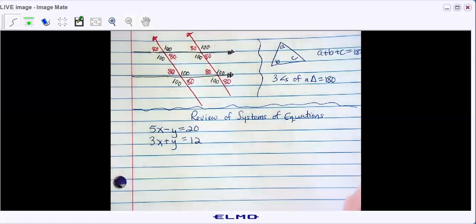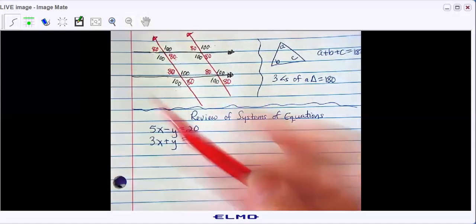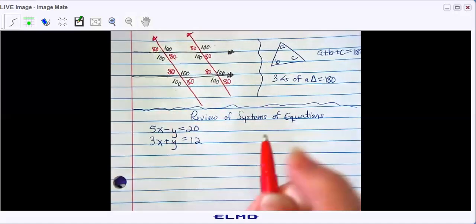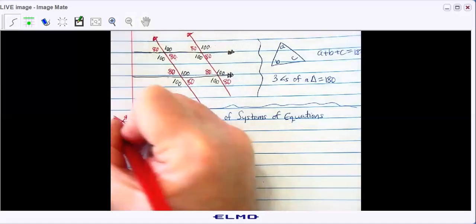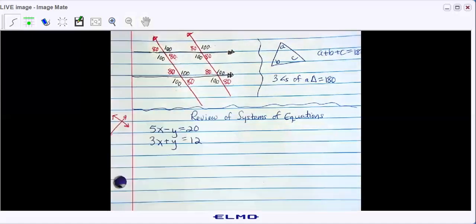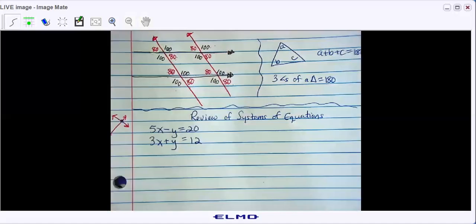That's the requirement. There are three ways to find the solution. We could graph it, okay? And the whole purpose of graphing it was to find where they cross. Where was that one point that they had in common to make them both true? Unless they were parallel, they have a point in common.